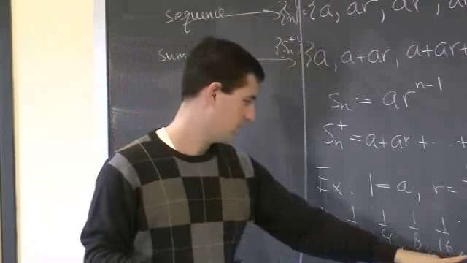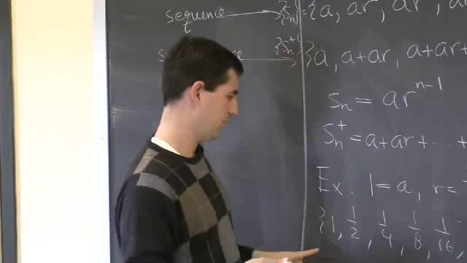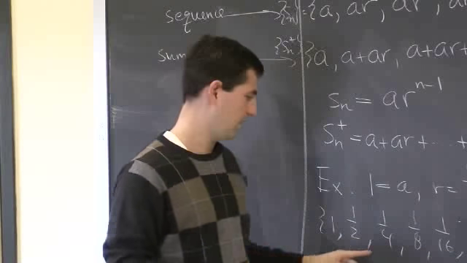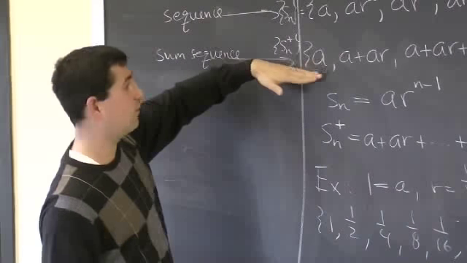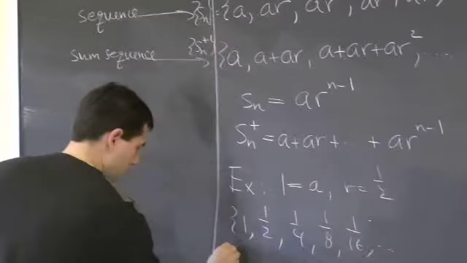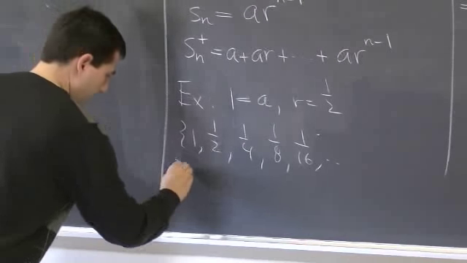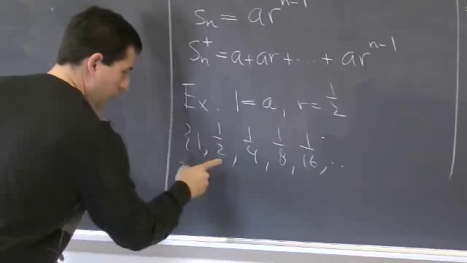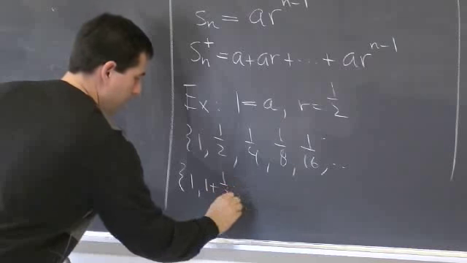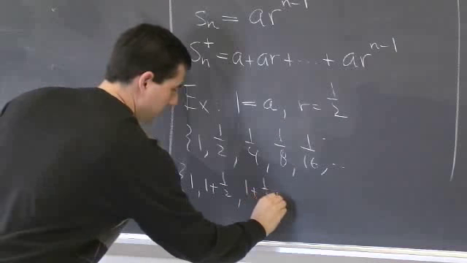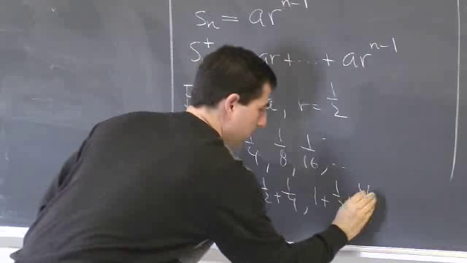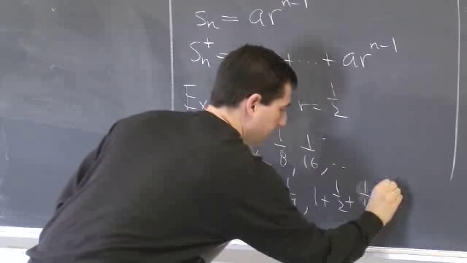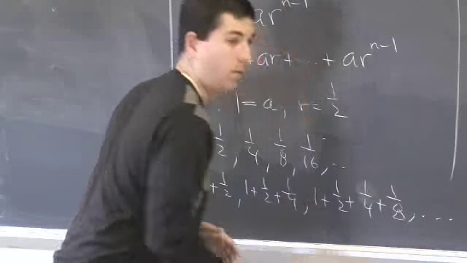So here, incidentally, this would be a nice geometric sequence, and then the series that you get from it. First you start with the sum sequence, which is going to be 1, and then 1 plus a half, 1 plus a half plus a fourth, plus an eighth, and so on.